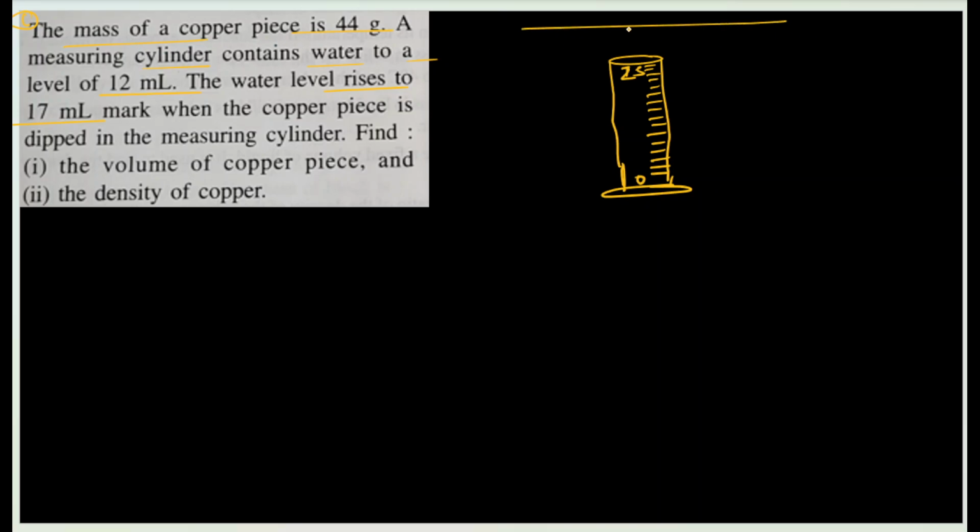Now here they have mentioned the mass of a copper piece. So for example, this is one rod, and with the help of a thread you hang a copper piece. This one is the copper piece. And this one is filled. Initially they have explained that it is filled by 12 ml, so here I am just supposing that it's 12 ml. But as you drop the copper, that level is going to rise.